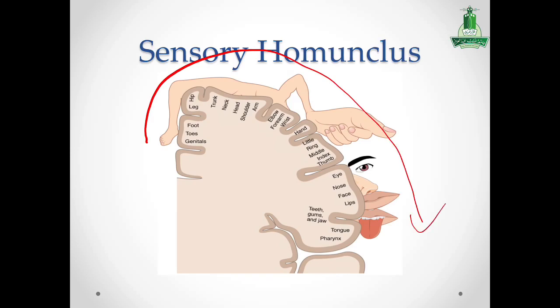The most medial would be the foot, and the most lateral would be the face. This is similar to the motor homunculus, with one notable difference: in the motor homunculus, the hand would be the most medial, while in the sensory homunculus, the face would be the most medial.